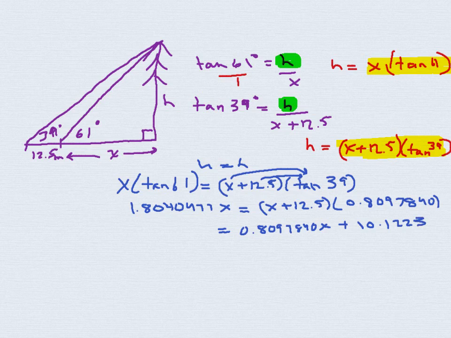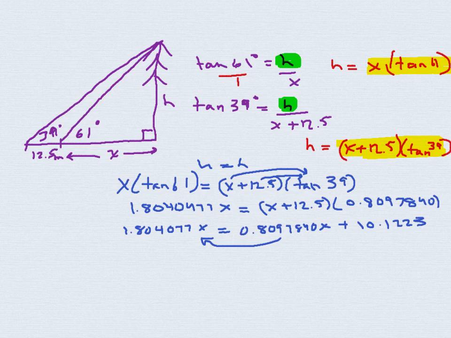Now when you add these together, or group them together, flashbacks to algebra, you want to put x's on both sides. Bring the x on the right over to the left, and you're going to get 1.804077x minus 0.809.